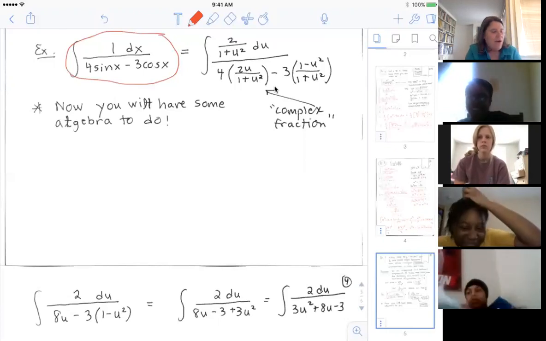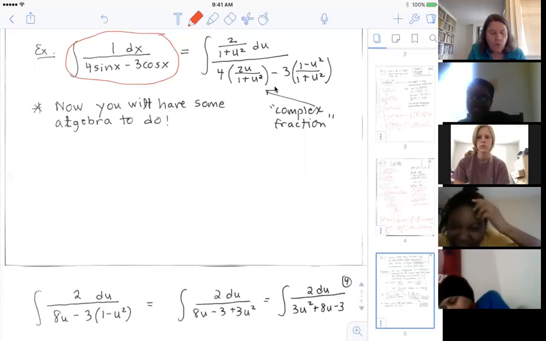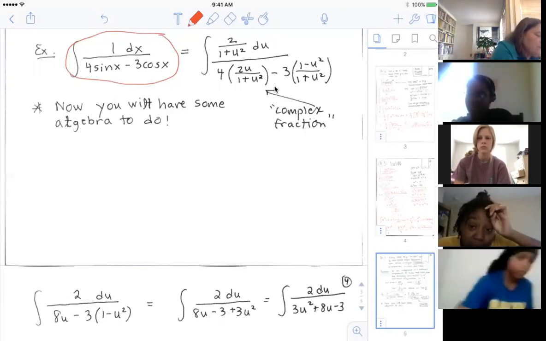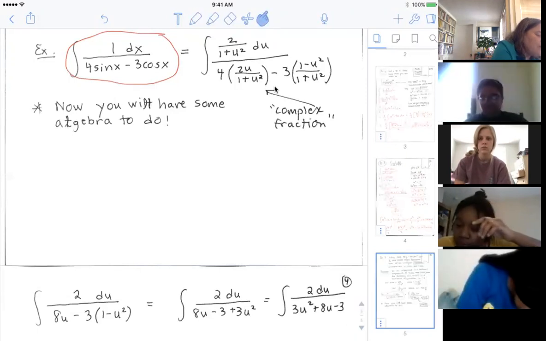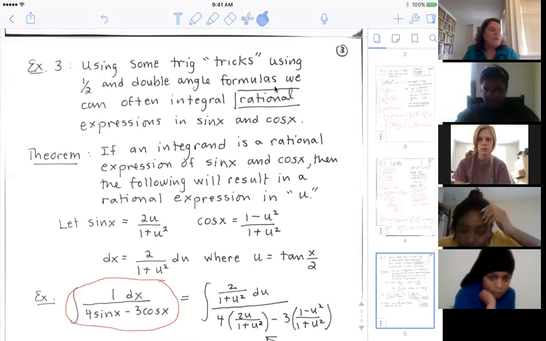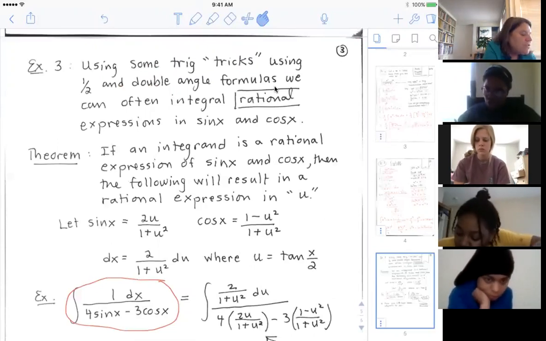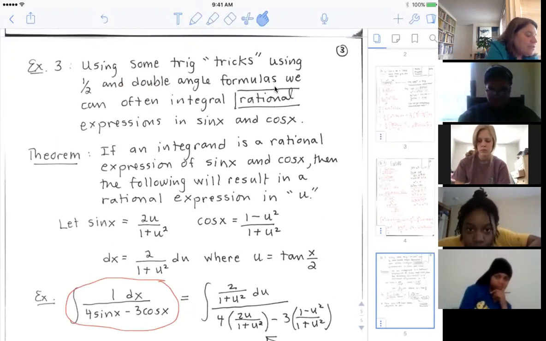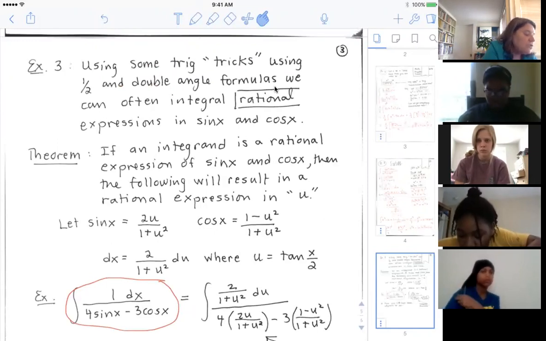Now, I am not going to tell you how this works or why it works, because that would take me forever. But I will show you something about the substitution, because you'll know it when you see it. It says, using some trig tricks and half and double angle formulas, we can usually write these things in terms of sine and cosine by using some funky substitutions.